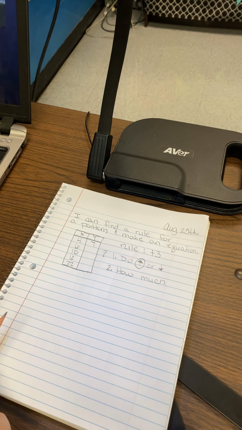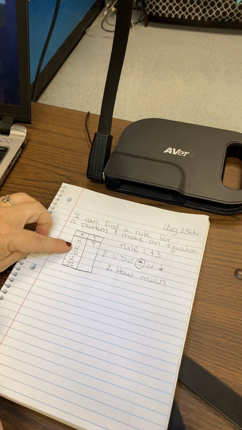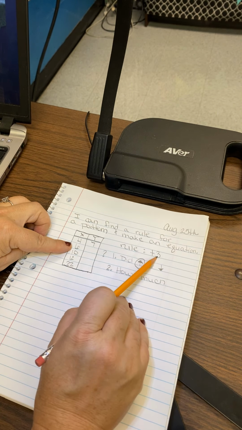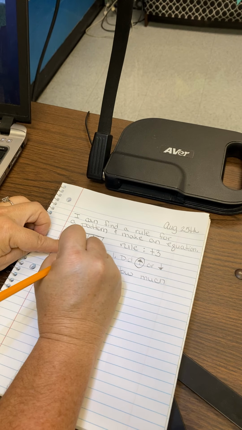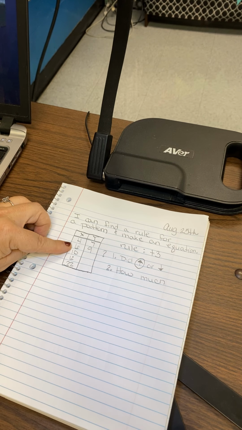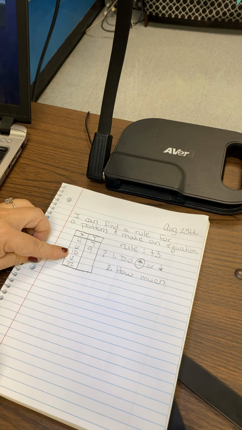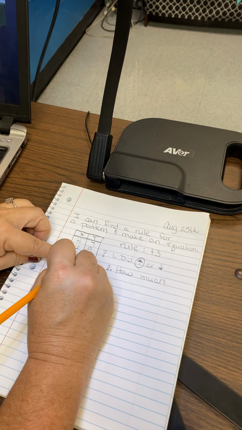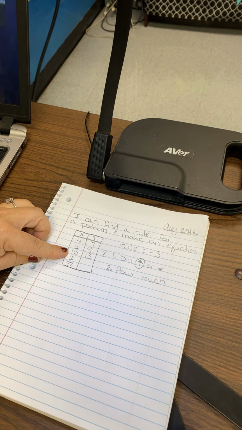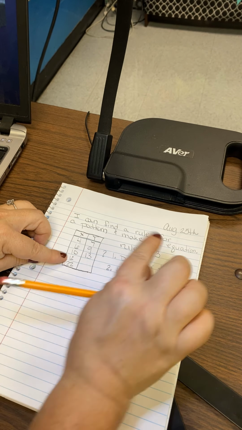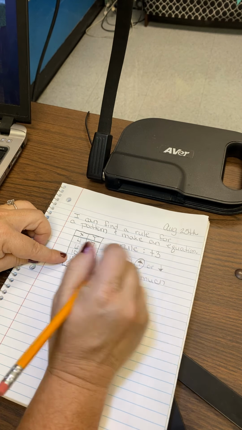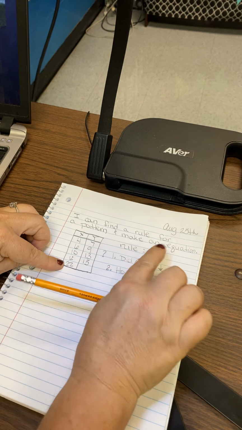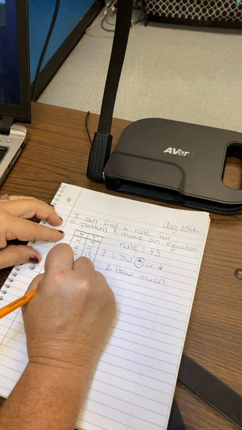Okay? So if I try that and my next x is 6, what is 6 plus 3? 9. So this would absolutely be a 9. Now my next one is 10, and 10 plus 3 would be 13. And then 12 plus 3 would be 15. 22 plus 3 would be 25.